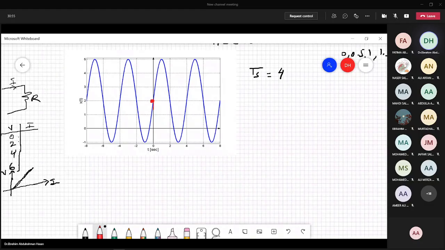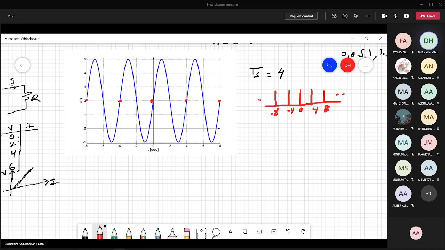And you will get at 4 this value, at 8 this value, at -4 this value, and at -8 this value. So you will get something like this. That is 0, 4, 8, -4, -8.